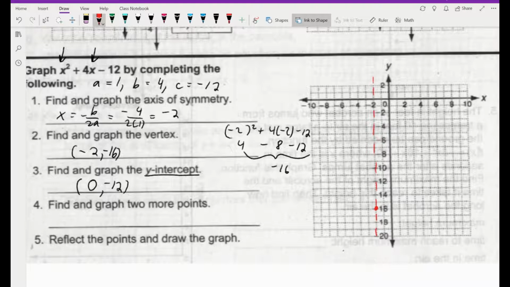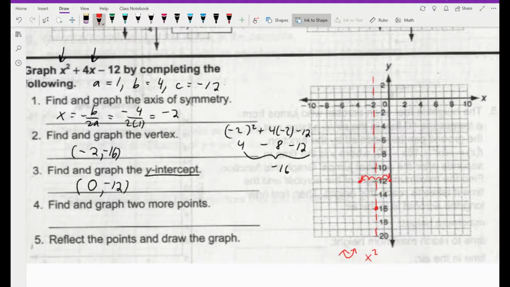So this graph will be opening upward because it's a positive x squared. Now we know the y-intercept is 0, negative 12. And because there's a line of axis of symmetry, it's 2 spaces away, we can go 2 in the other direction. So we already have 3 points now. So we really could just find one more point.